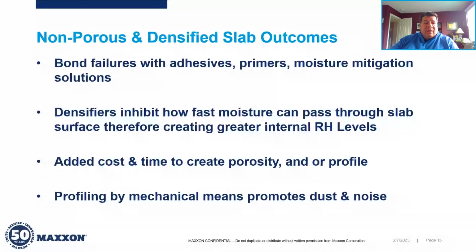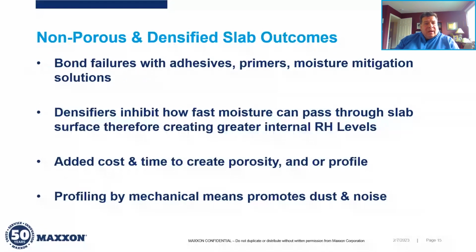So again, we see outcomes, right? We're dealing again with bond failures from everything between the adhesives and the mitigation and the subfloor preparation products. In addition to bond failures, densifiers can also inhibit how fast the moisture vapor releases from that slab.